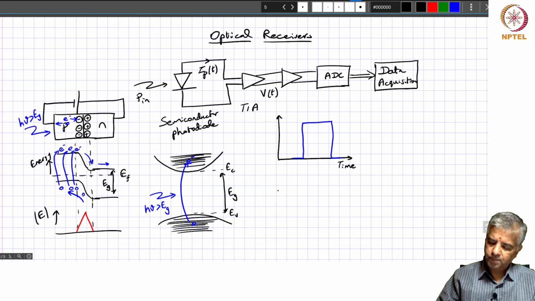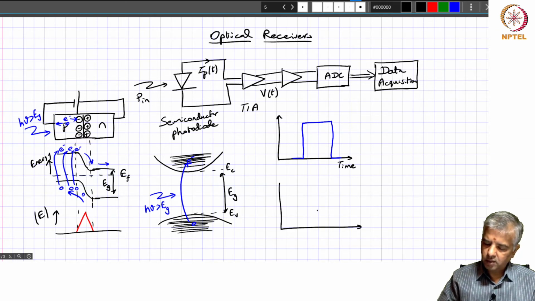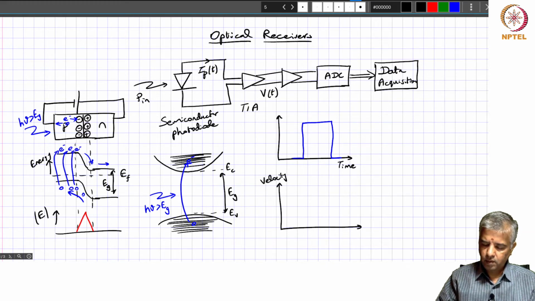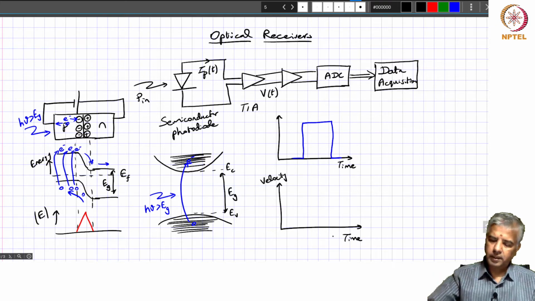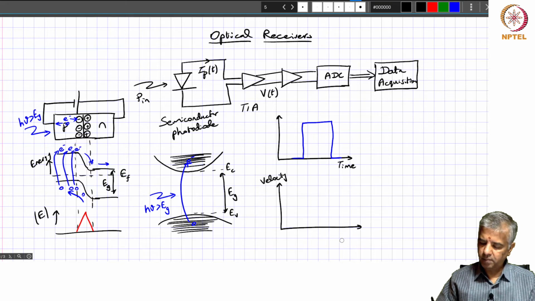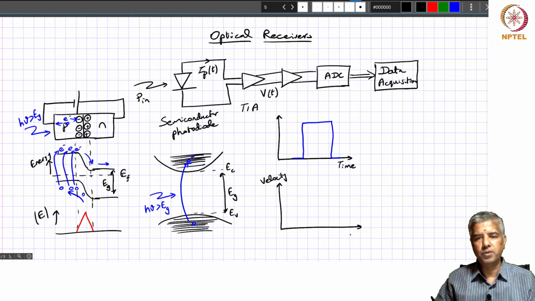When you look at the carrier transport, the velocity of these carriers, instead of considering it with respect to time, let's just consider that as a function of the electric field that's present across the structure, okay?